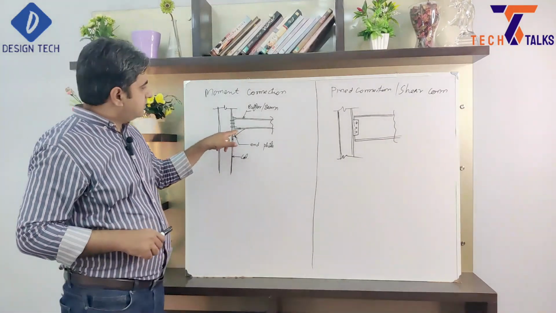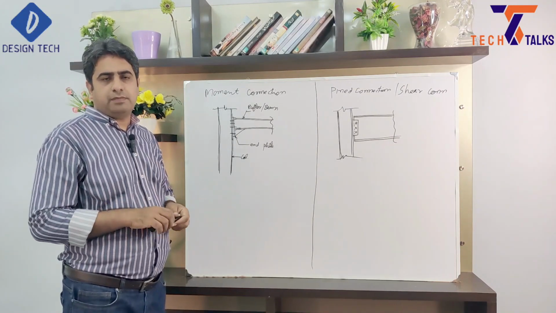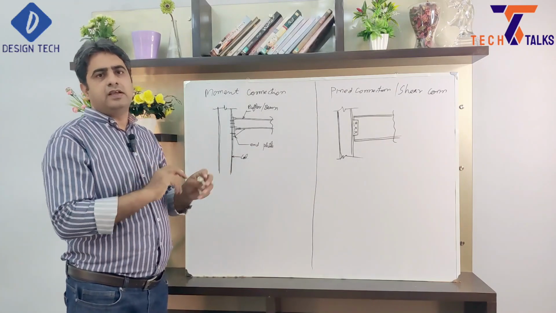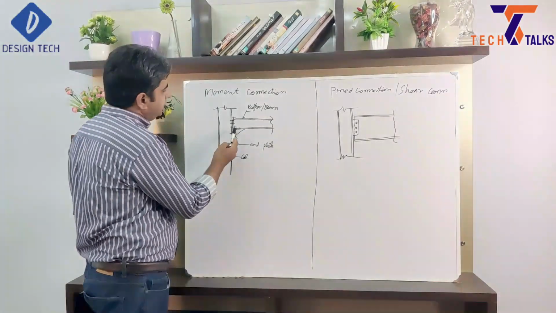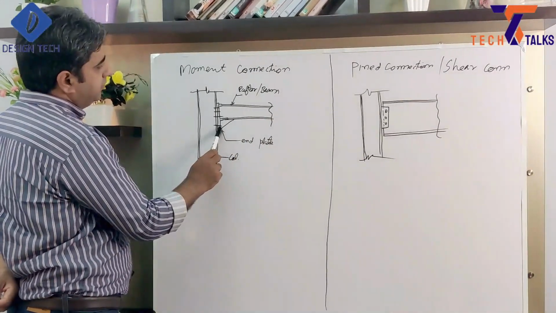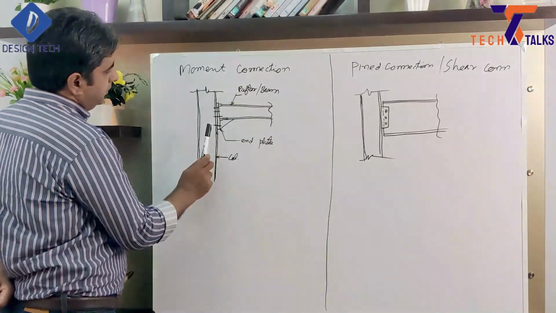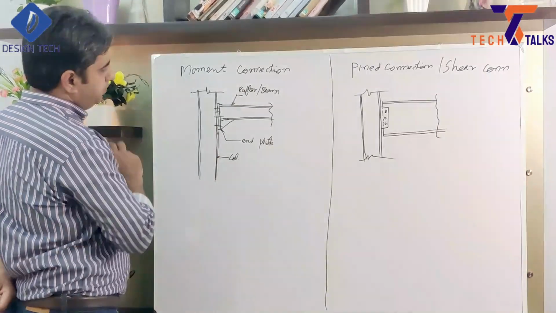If these flanges are not connected with end plates, it will be a purely pinned connection, because moments are transferred via flanges. So in this case you can see our rafter flanges are directly connected with end plates, and end plates are connected with column flanges with the help of these bolts.